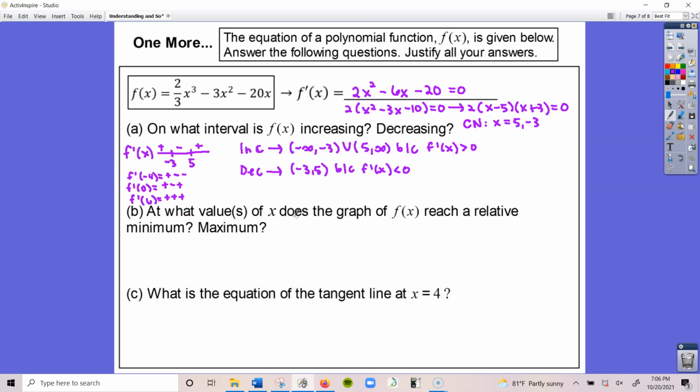At what values of x does the graph of f of x reach a relative minimum and maximum? We have a minimum at x is equal to 5. And this is because my derivative, f prime of x, changes from negative to positive.